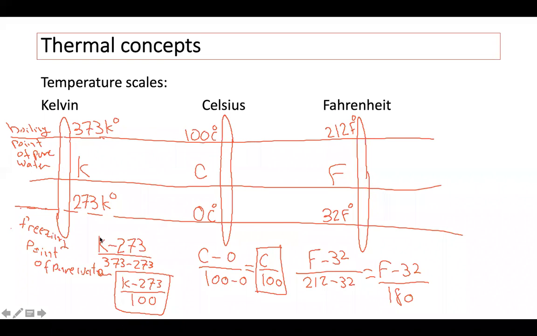On the Kelvin thermometer, the 0 is 273 and the 100 is 373. So Kelvin minus 273, the 0 on Celsius, equals 373 minus 273. So you are removing the freezing point from the boiling point. The same happens here: 212 minus 32 gives me 180.